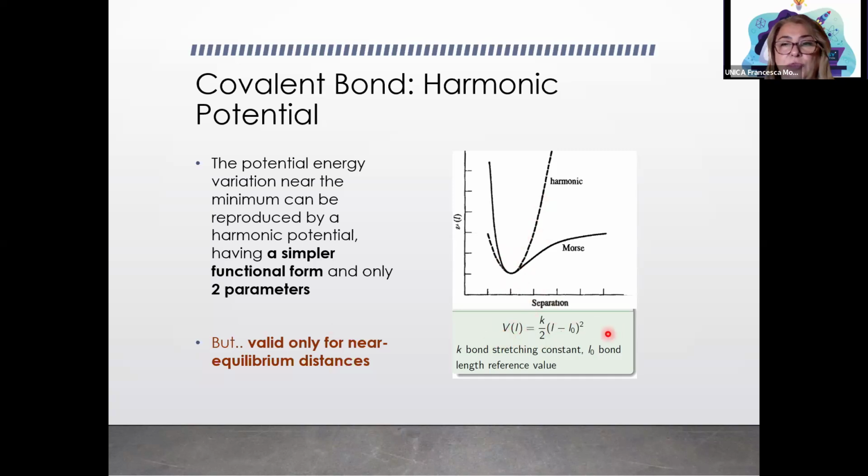I guess all of you know it. And in this expression, we can see two parameters. The one represents the bond stretching constant and the other the bond length reference value. This approximation, as I said, is only valid for near equilibrium distance, because you see that as we move from the equilibrium, there is a large separation between the harmonic and the Morse potential.